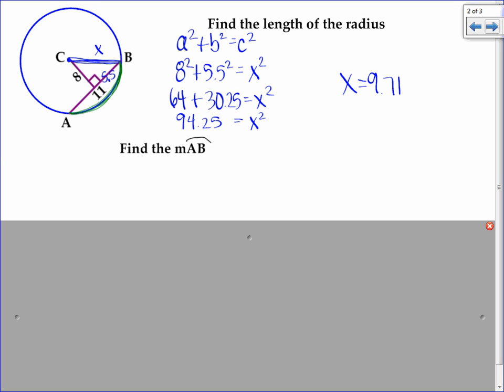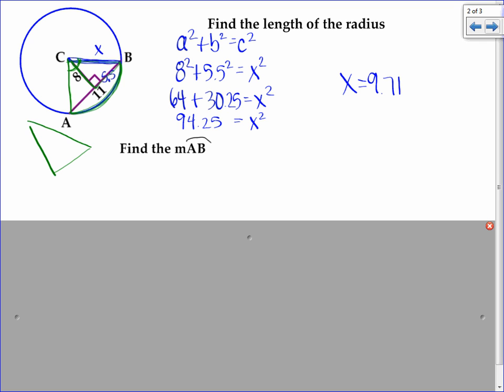The measure of an arc, remember, is the same as the measure of the central angle. So if we figured out how big that angle was, then we would know the answer to this question, the measure of AB. There's a lot of numbers and writing on there, so I am going to redraw that triangle out here so we have some more space.